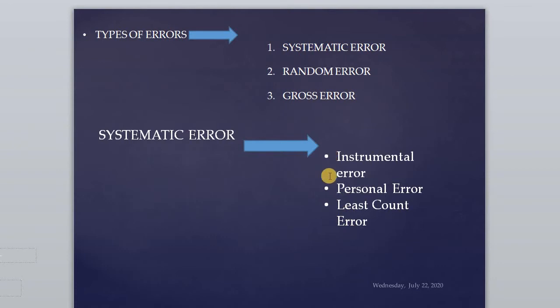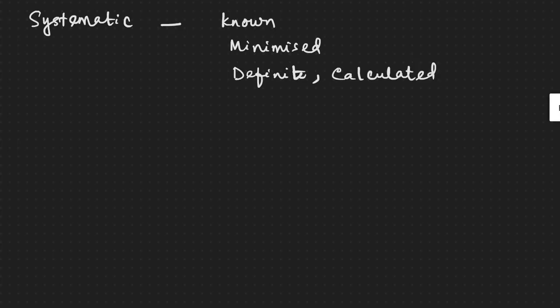You can see the three aspects I have listed. Instrumental error, we already know. Okay, what are instrumental errors? If the 0 of the main scale division and the 0 of the vernier scale division coincide, what does that mean? If I draw an arrow like this, if this shows the 0 of the vernier scale division, and then I'll draw a main scale in red color.